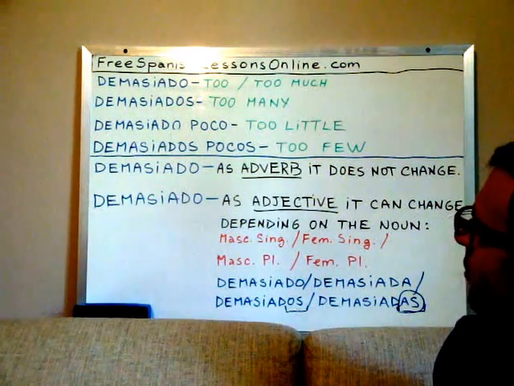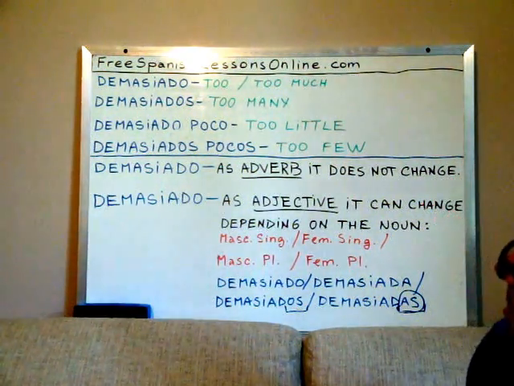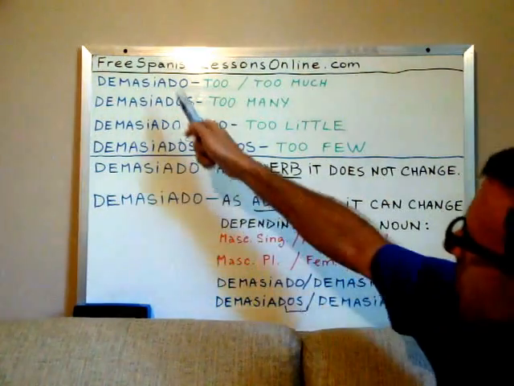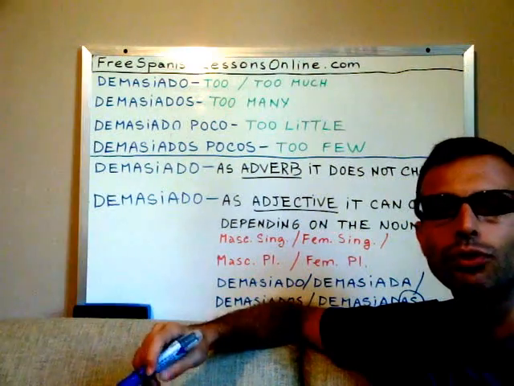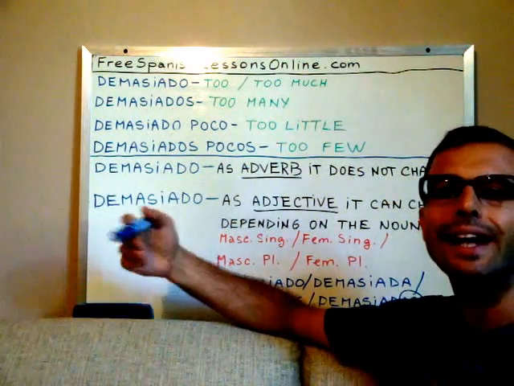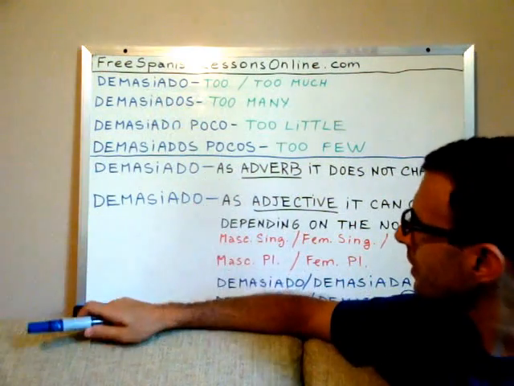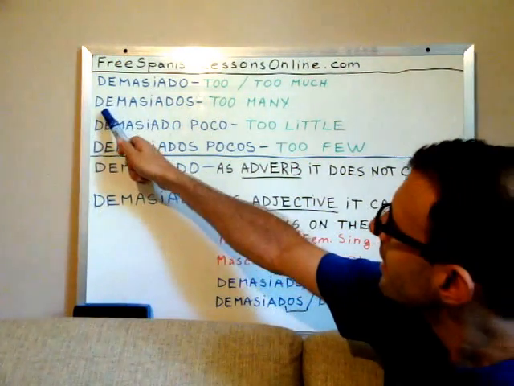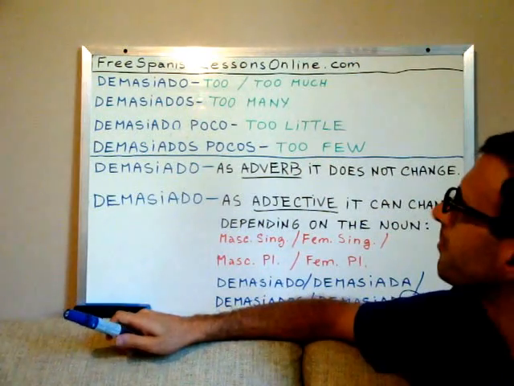So, for example, just as an adverb, demasiado would be, this is too big. Esto es demasiado grande. Okay, demasiado grande. Demasiados will be too many, right?